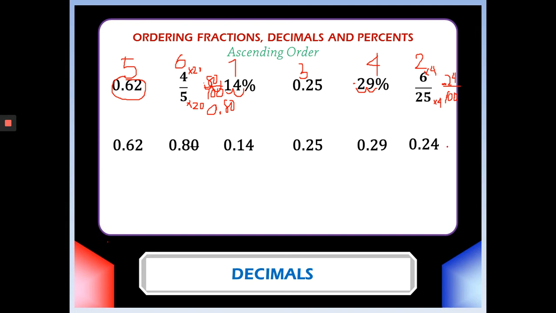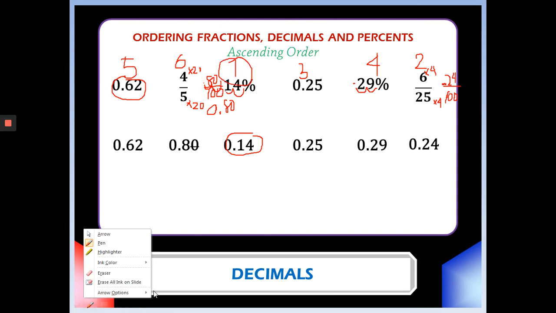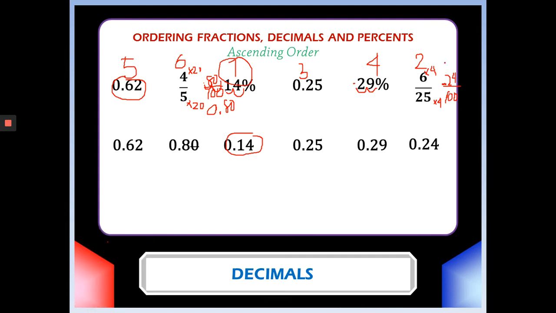Just look at their numbers. The smallest is 14, so that's the number one. You see, it's correct. Second one is 24, right? That's the second. See, we have the same answer, even if these are decimals already. The third greatest is 25.